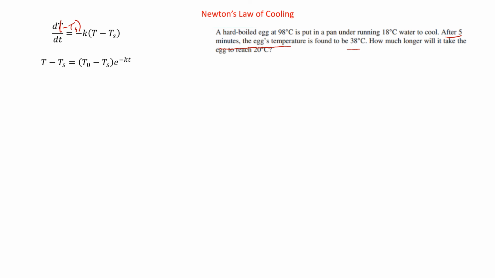So our temperature minus surrounding temperature, let's get the equation. So the temperature minus the surrounding temperature, 18 degrees, that's the water, is going to equal the initial temperature minus the surrounding temperature, 98 minus 18, e to the negative k times lowercase t.